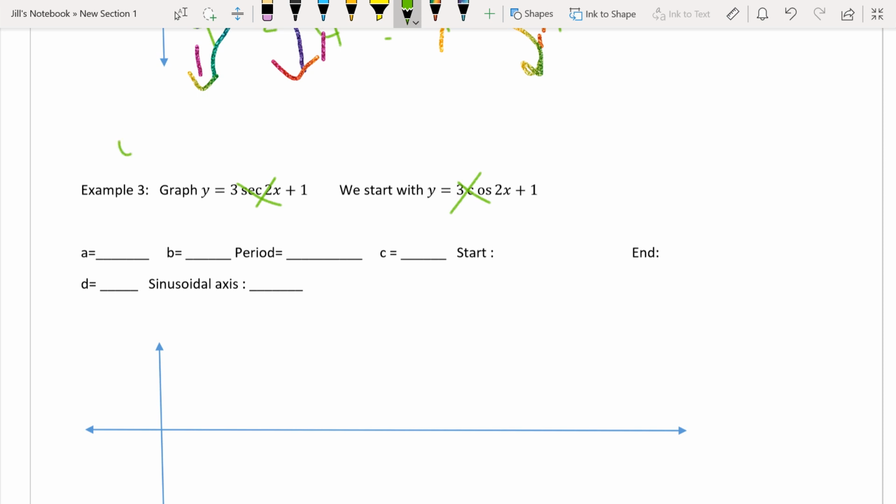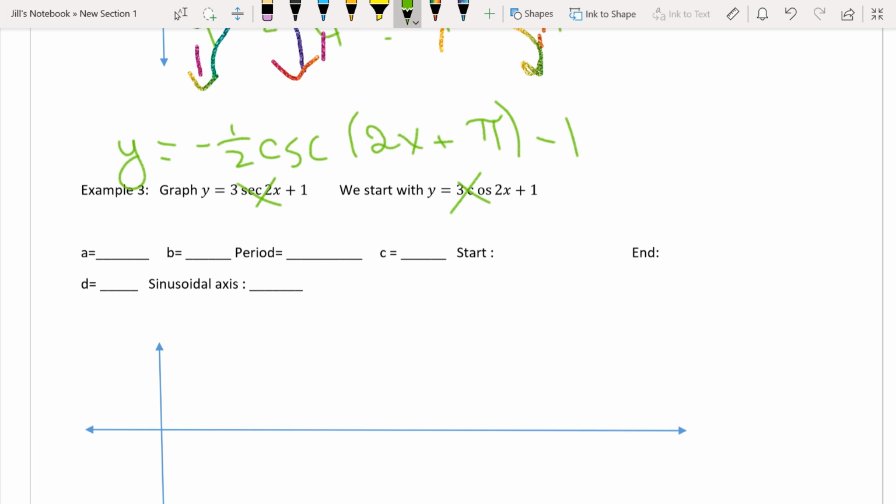We're going to graph y equals negative 1/2 cosecant 2x plus pi minus 1. I'm trying to remember because I did this in class and now I'm at home.